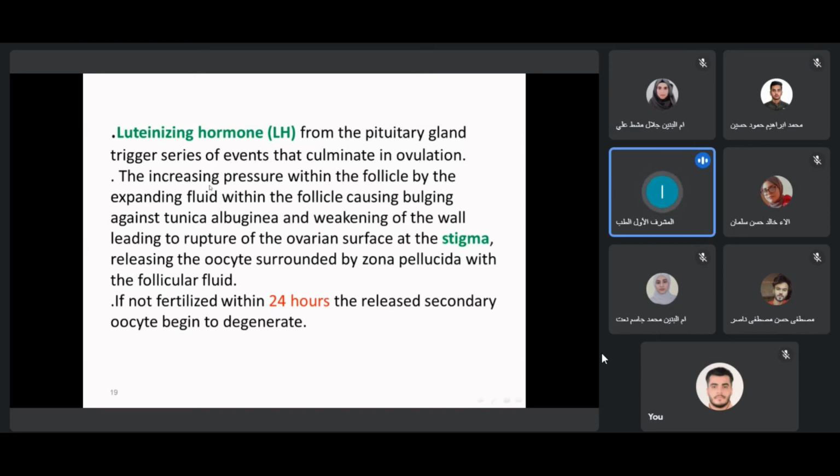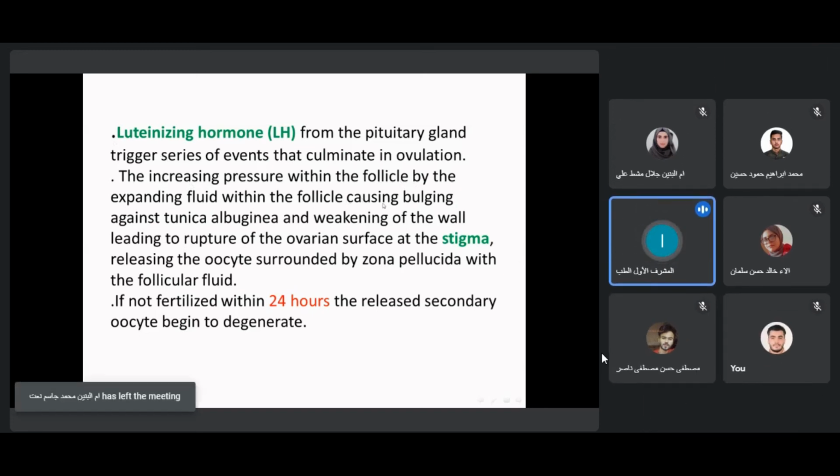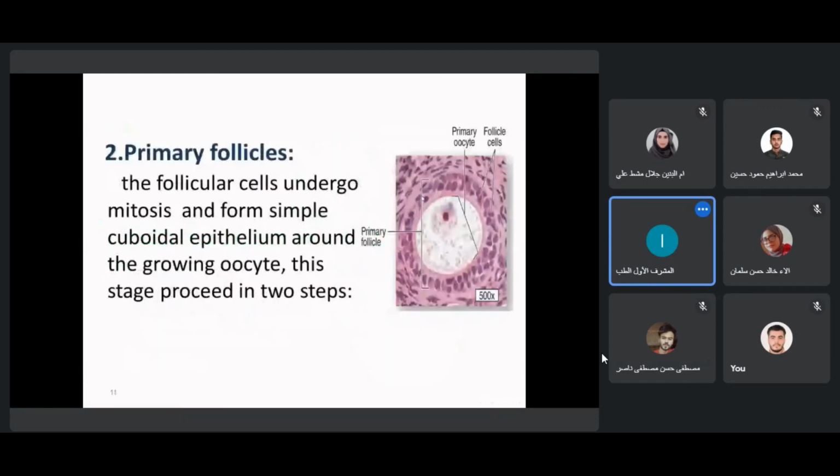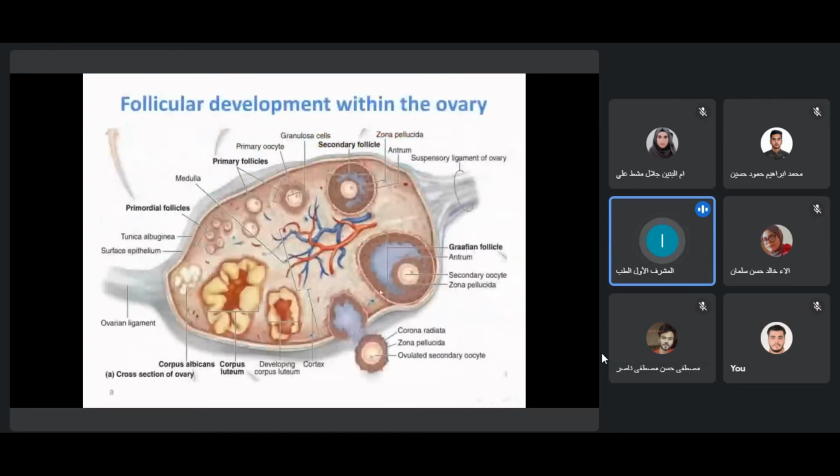During the development of the mature follicle, or Graafian follicle, because of the expansion in size from the increase of fluid accumulation, the increase in the pressure of the expanding follicle will cause bulging. Here we see the bulging at this site.